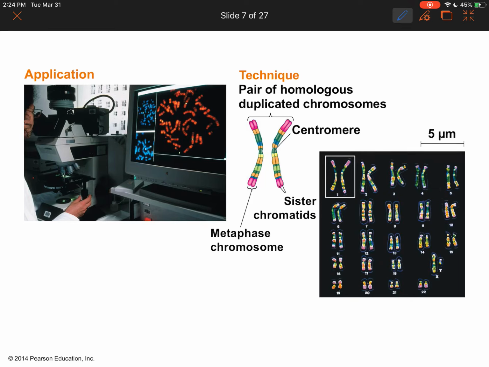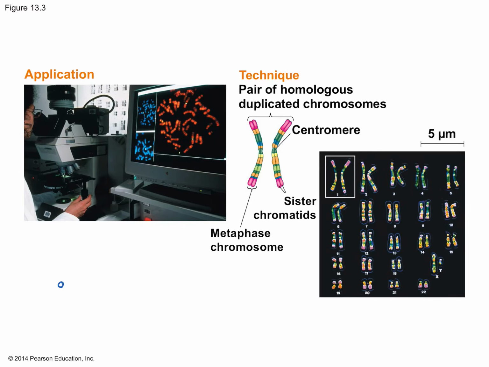Okay, but what you're seeing here is one aspect of this. So if you look at this homologous pair, you're seeing one on the left with the centromere in the middle. There's the centromere in the middle, okay? And you have one chromatid on the left, one on the right. So maybe that's the mother's chromosome. That's a replicated chromosome. You have for the father's, same thing, right? A replicated chromosome.